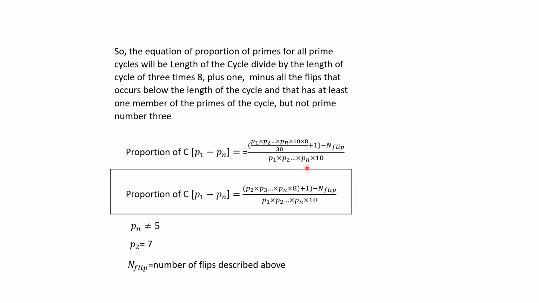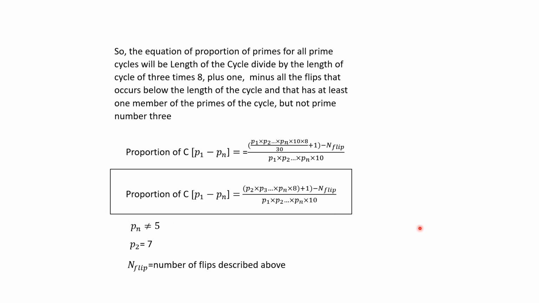That is this equation simplified. The 30 is the length of the cycle of 3 times 8 primes per cycle of 3, divided by the length of the new cycle. So we take the 10 with the 30, and the 3, we're going to take out the prime number 1, that is the 3. So we get this equation.